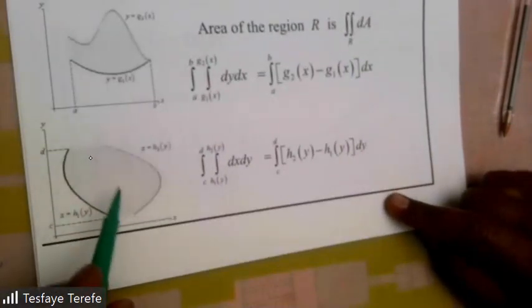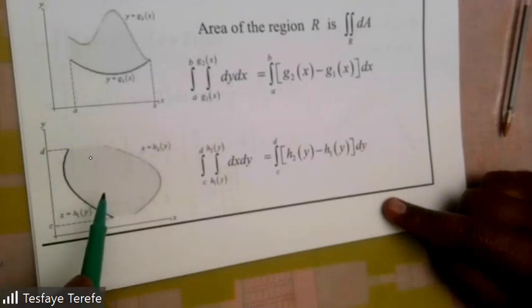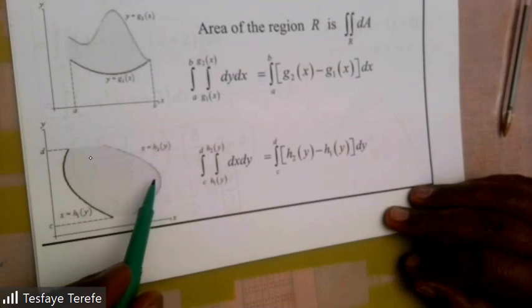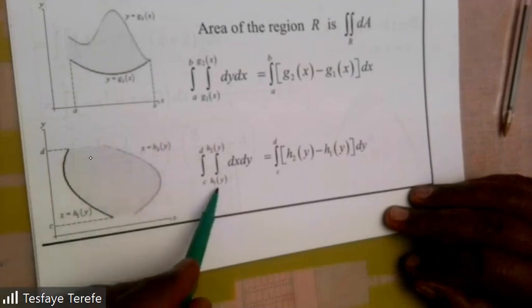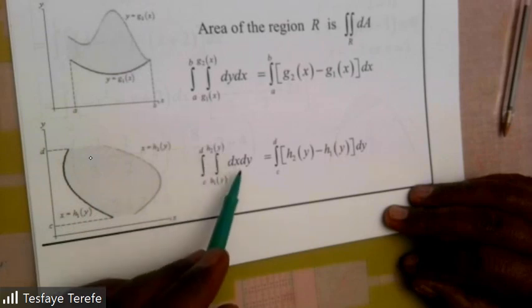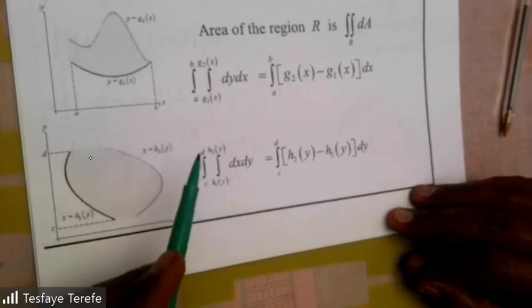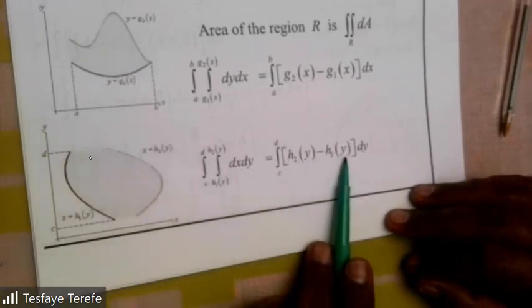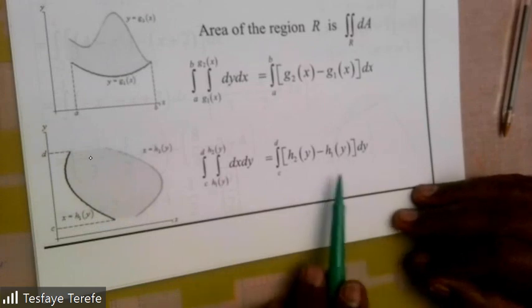And you can do the same thing with type 2 regions. This time you are going to integrate first with respect to y, from h sub 1 of y up to h sub 2 of y, dx dy. So the antiderivative of dx is x, then evaluate: h sub 2 of y minus h sub 1 of y, dy.